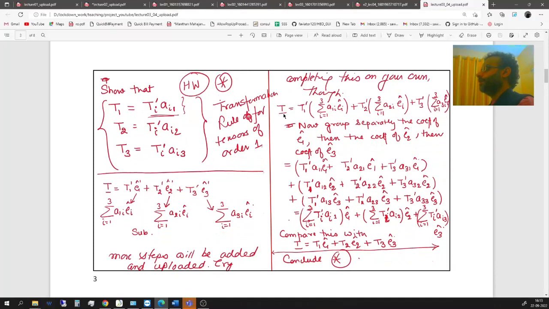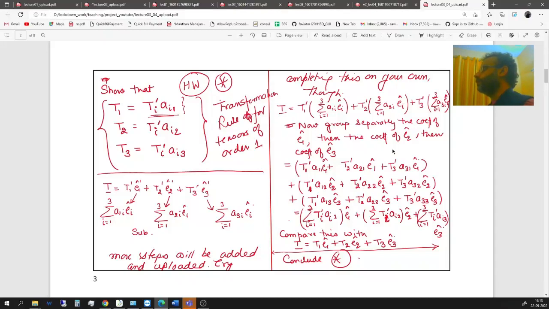T I am rewriting as T1 prime A1i Ei, A2i Ei, and A3i Ei, right? And here I have put the sigma notation again, but actually it is not required, but the meaning still remains the same.